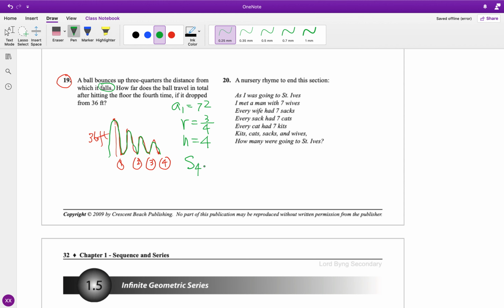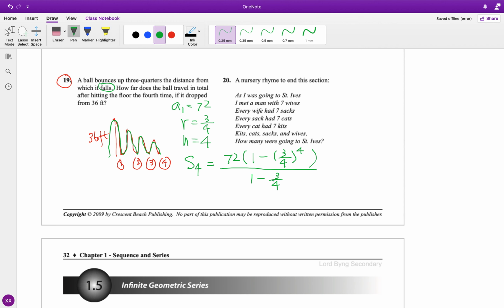72 times 1 subtract, be careful, this is a fraction, so it needs a bracket, to the power of 4, and then divided by 1 subtract 3 over 4.